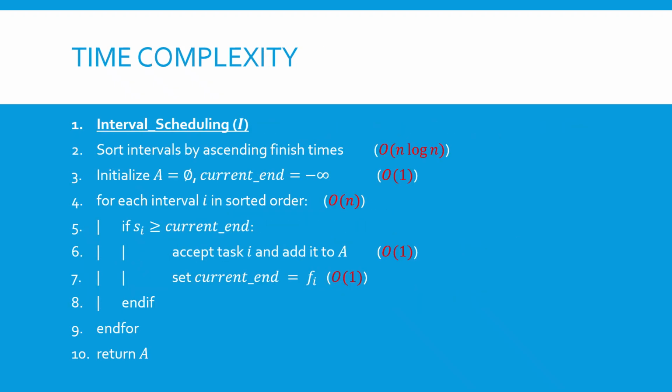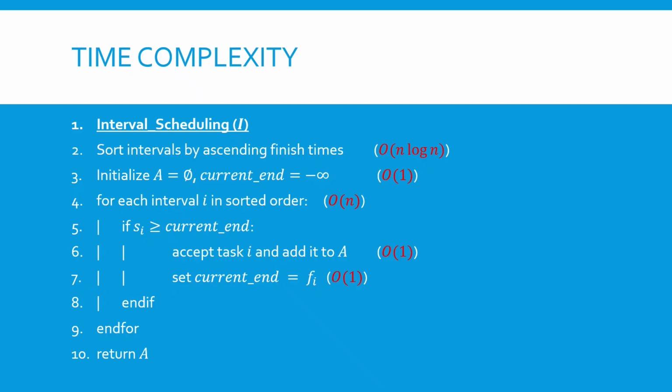Finally, let's analyze the time complexity of the algorithm. Let n be the number of jobs. Line 2 sorts the jobs by finish time, which takes O(n log n) time. In line 3, initializing the set A and the variable current end takes constant time.